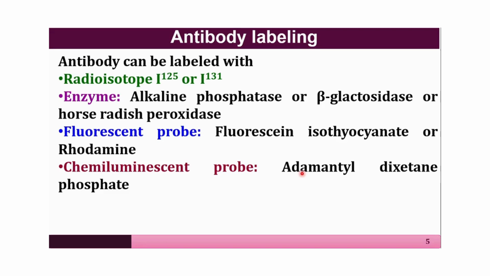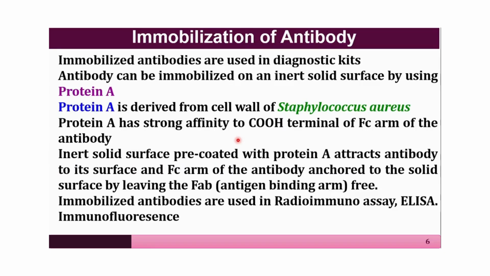On release of phosphate due to the reaction of alkaline phosphatase, it will start showing luminescence. So these are the common indicator labels that are used for labeling the antibody.